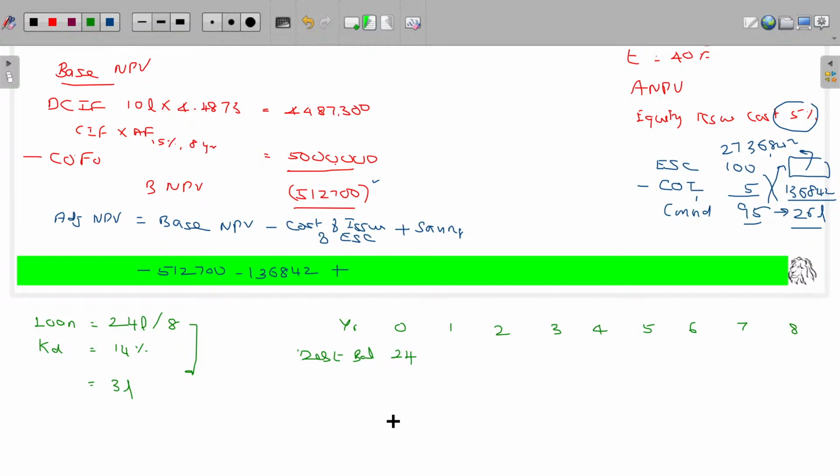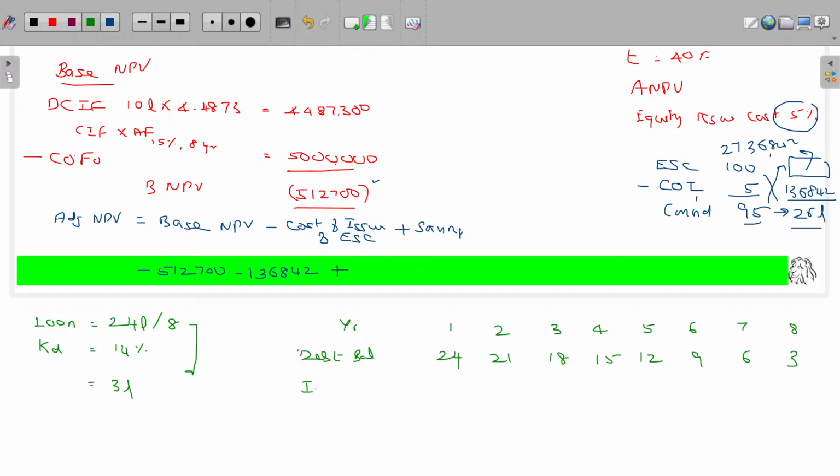Every year you are repaying 3 lakhs. So the loan is repayable by the end of first year. So first year end, you have 24 and becomes then 21. So 21, 18, 15, 12, 9, 6 and 3.